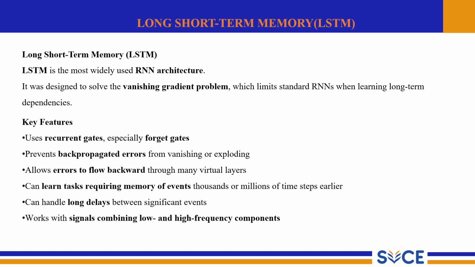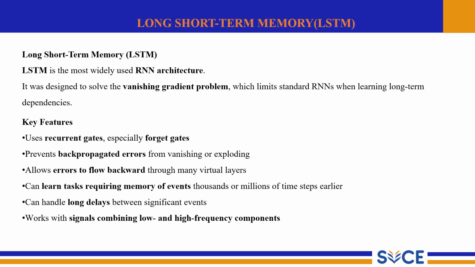Second one is stable gradient flow. One of the most important advantages of LSTM is that it prevents backpropagated errors from vanishing or exploding. In a standard RNN, gradients become weaker as they move backward through time.